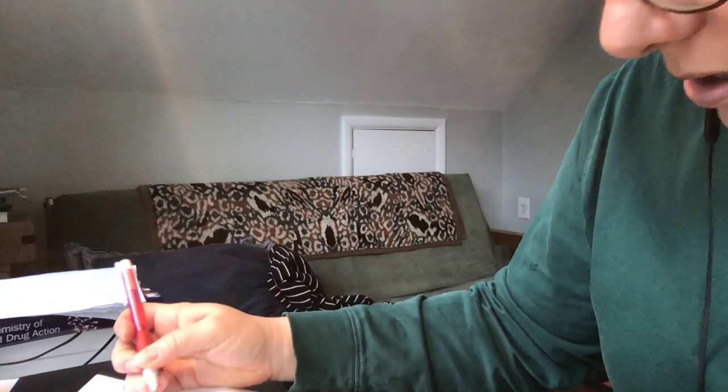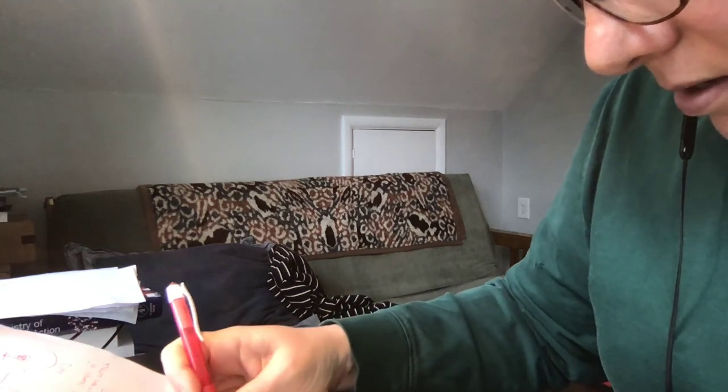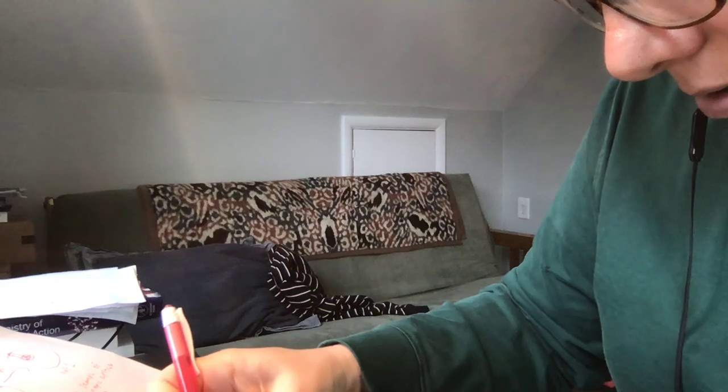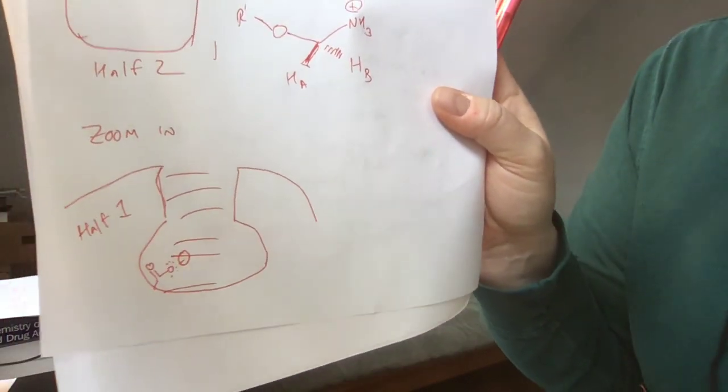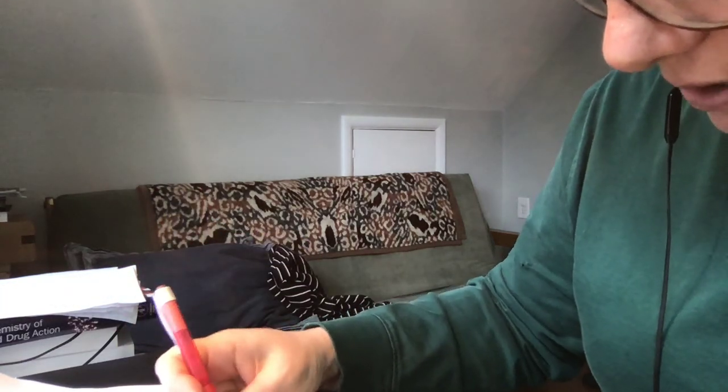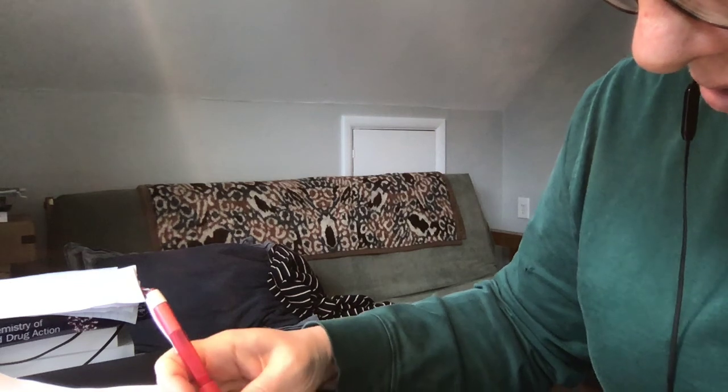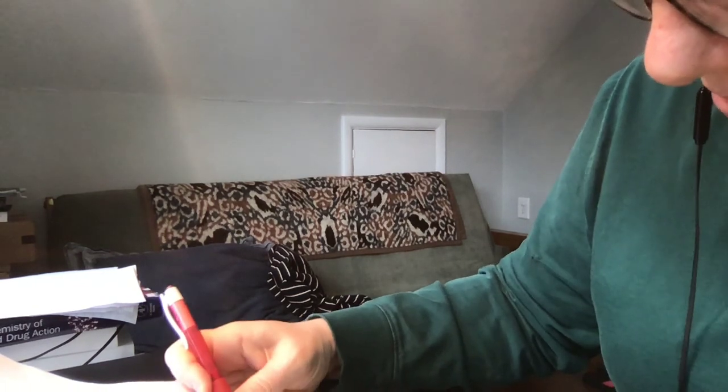And what we'll also say is that half one is going to have a negatively charged group, and then over here, it's going to have a serine. So this is maybe aspartate, and this is serine.